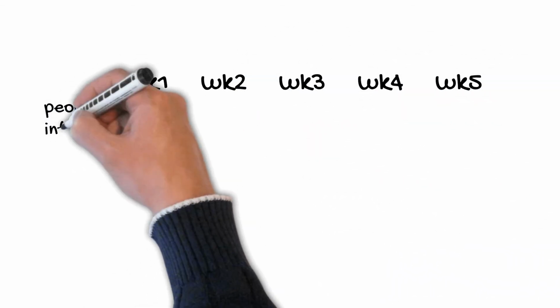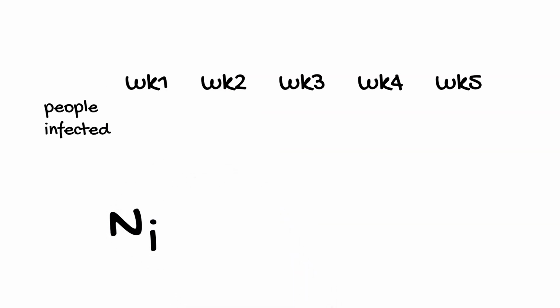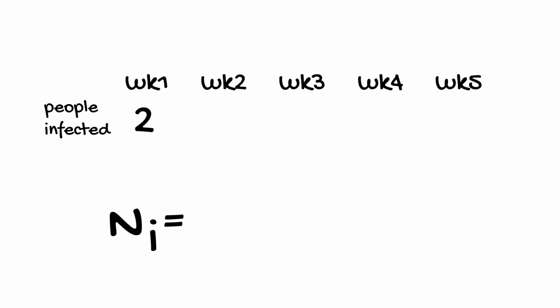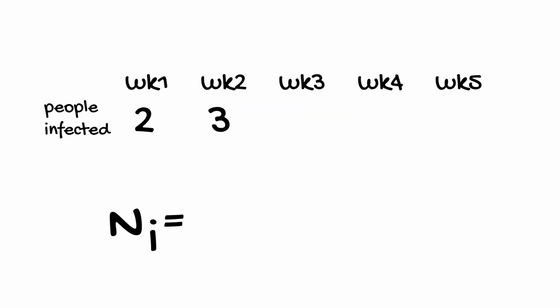So then we would begin, we'll say, with 2 people who have this disease. Now what happens if those 2 people infect 1 other person? That would mean there will be a 3rd person infected at the end of that. So after 1 week, at the 2nd week, those 2 people have infected 1 person.